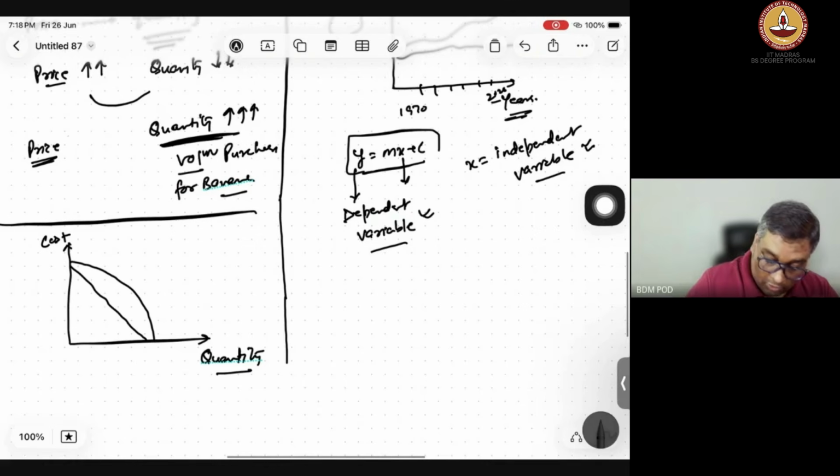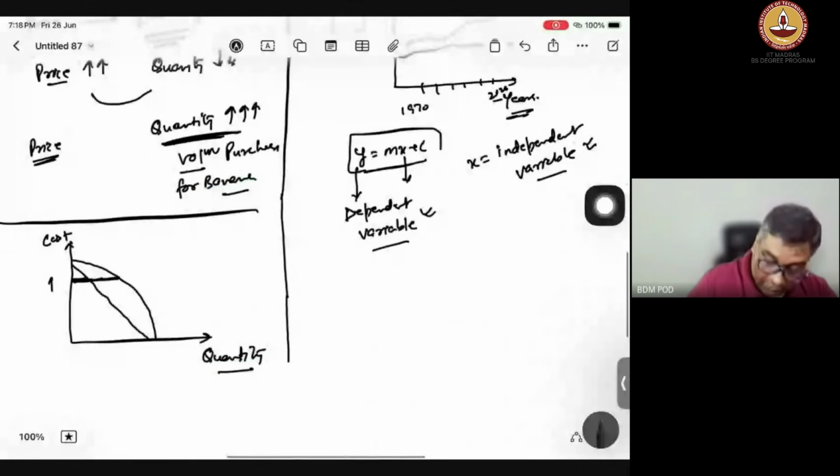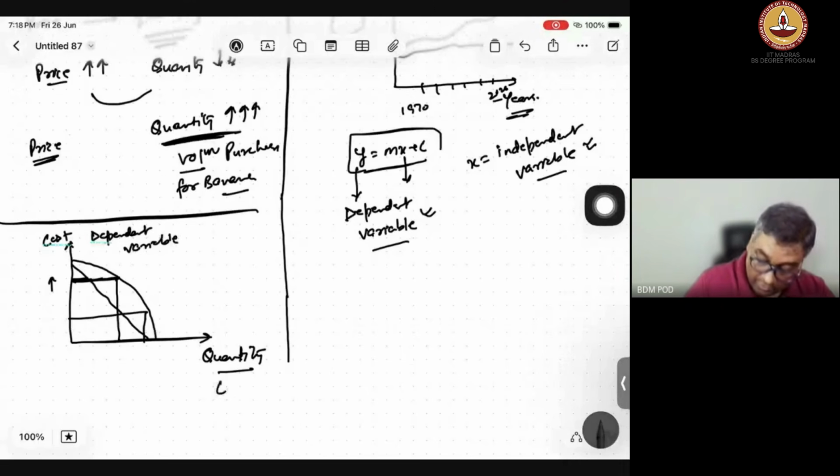If the cost is increasing, you are going to purchase less quantity. If the cost is less, you are going to purchase more quantity. So here both are dependent variables. This is also dependent and this is also a dependent variable.